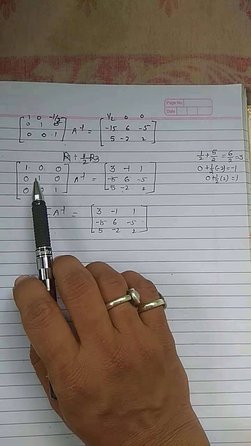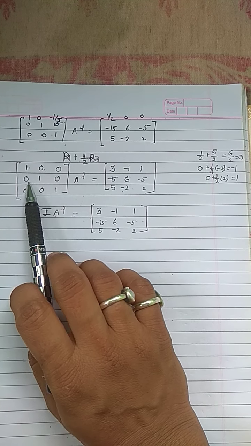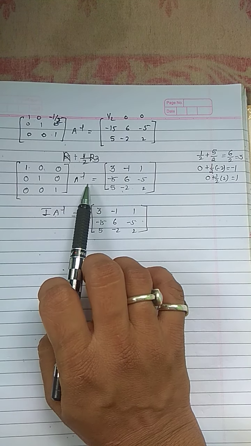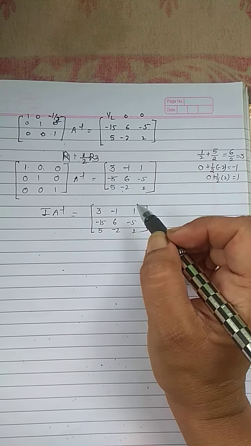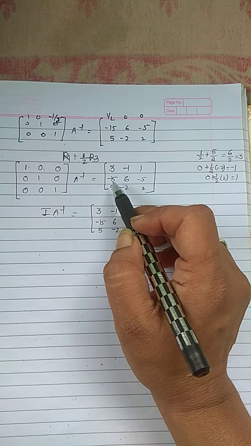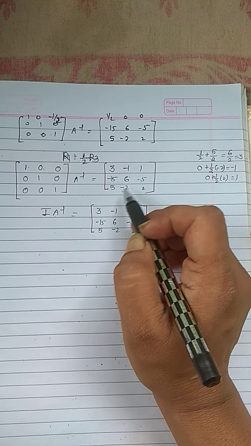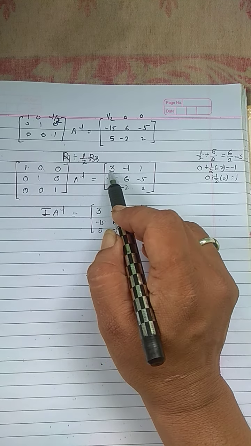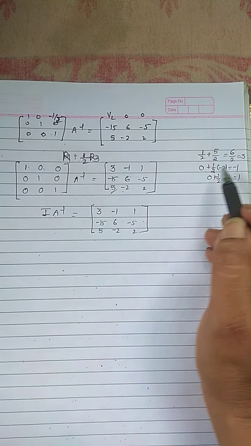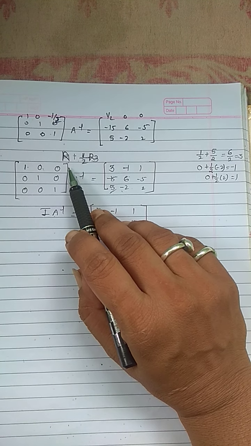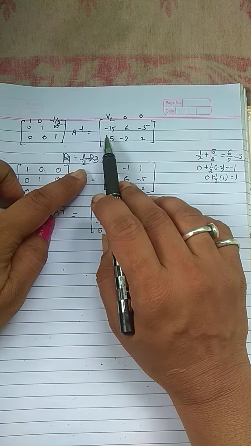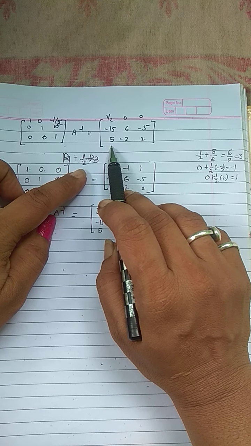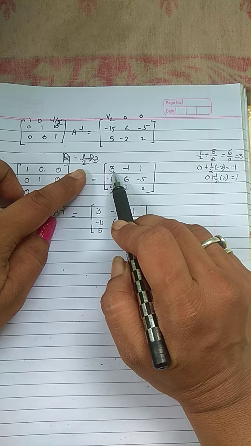Therefore, the matrix is written as 1 0 0, 0 1 0, 0 0 1 into A inverse equal to: first row and second row elements are the same, only the R1 elements change. R1 element 1 upon 2 plus 1 upon 2 into 5, we get the value 3.